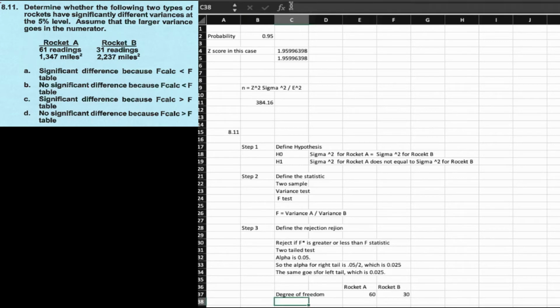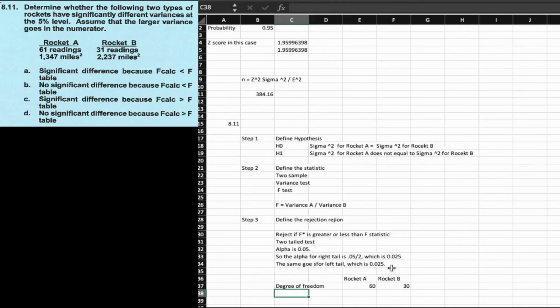And so we have to read this value. And another thing that we have to remember is which one's degree of freedom is greater. And the question says, assume that the larger variance goes in the numerator, right? So the larger variance is 2,237, right?